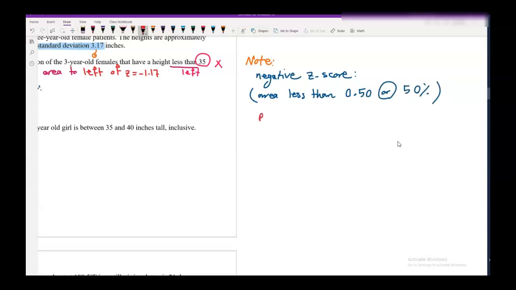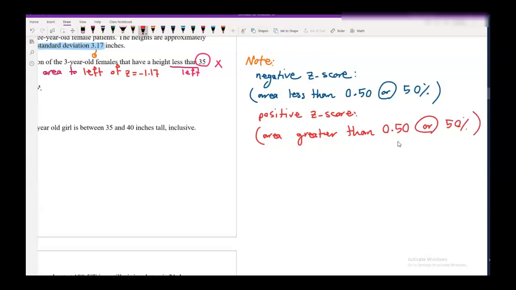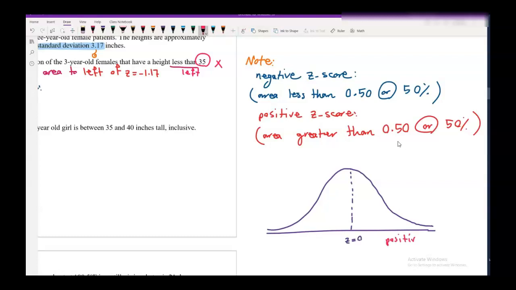And then we have a positive z-score for an area greater than 50%. So here between, we have z as 0, and on the right side we have positive z-scores, and on the left side of z equal to 0 we have negative z-scores.